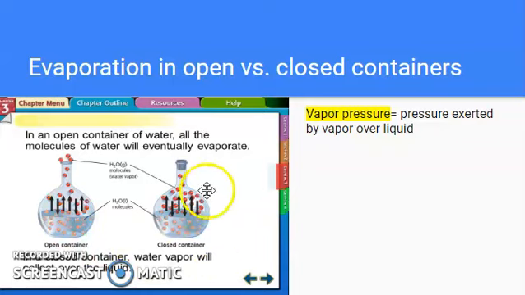In the closed container, the water vapor cannot escape because it's closed, and this water vapor that has already escaped from the liquid will collect over the liquid and exert a pressure, which is called vapor pressure. Vapor pressure is defined as the pressure exerted by vapor over the liquid. You'll see why vapor pressure is important later.